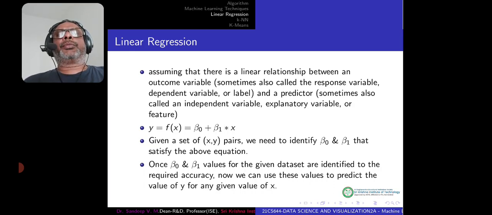So we have a big set of data, that means xy pairs, maybe in terms of millions, and this whole big data, millions of pairs of xy, is converged into two values, beta naught and beta 1, and we get a mathematical expression y equal to beta naught plus beta 1 times x. So in future, if you know any value of x, then just substitute that value of x into this equation, and we get a value of y.